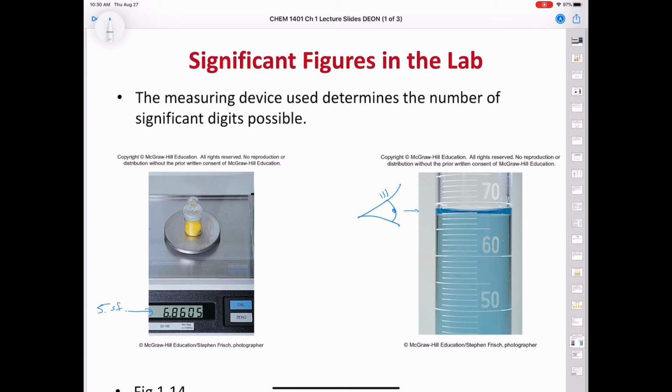The smallest calibrations here are 1 milliliter, and so we would read that as being 68.2 milliliters. And so since this number only has 3 significant figures, when I do my calculation that involves both the volume and the mass, I would end up losing some of the significant figures that I gained from my balance, right? Because I only have 3 significant figures in my volume measurement.